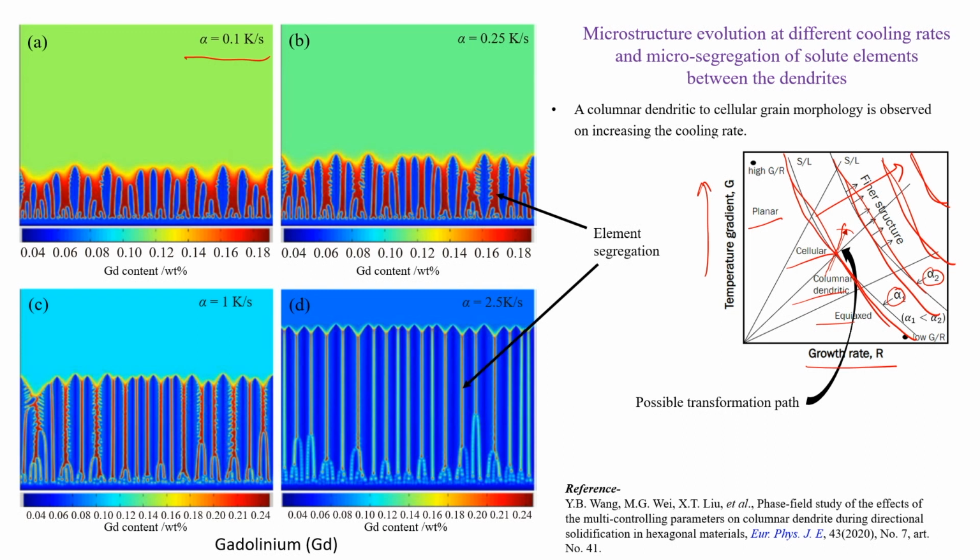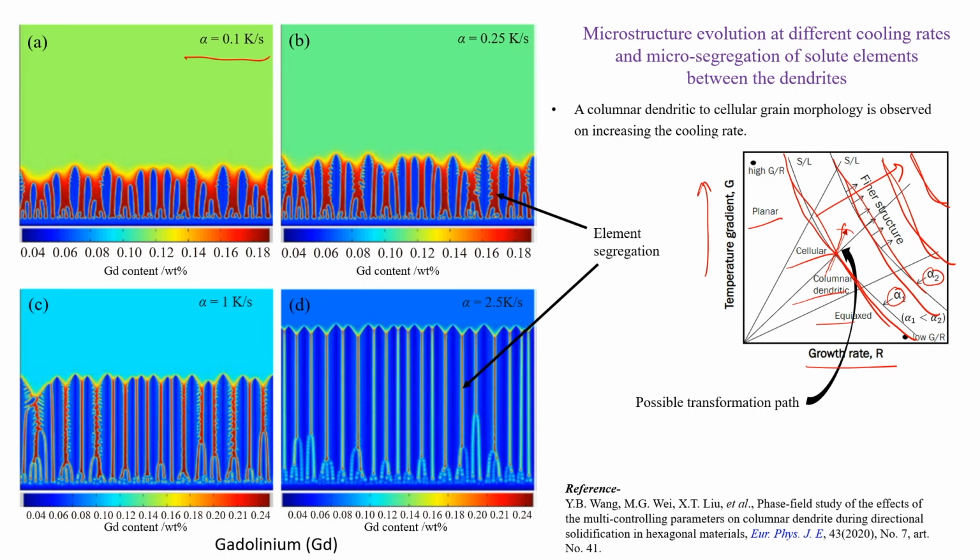So, this is the typical structure showing how dendrites form and how composition changes. The X axis represents the weight percentage of gadolinium, Gd, and the dendritic arms grow in the simulation we have shown here.